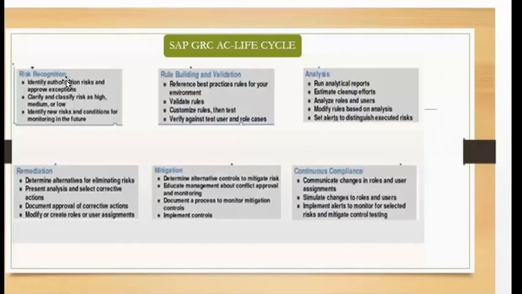In the risk recognition phase, the authorization risks are identified and we approve the exceptions here. The review of the corporate audit rule set: if your corporate audit, which is happening for your organization, has come with a rule set that is reviewed, then we go ahead with a negotiation with the corporate audit.